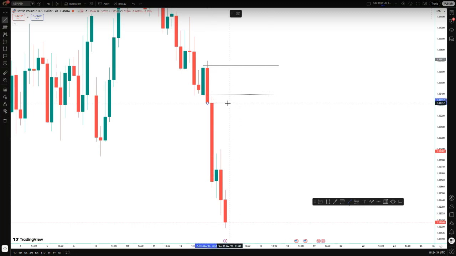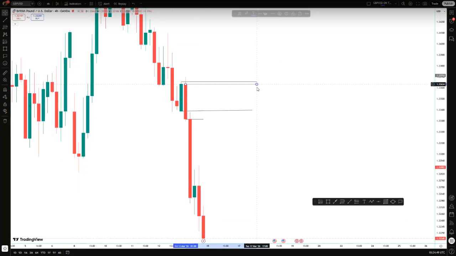What does that tell you? It's a bearish candle. The first started here and moved up, bullish. This started here and moved down, bearish.